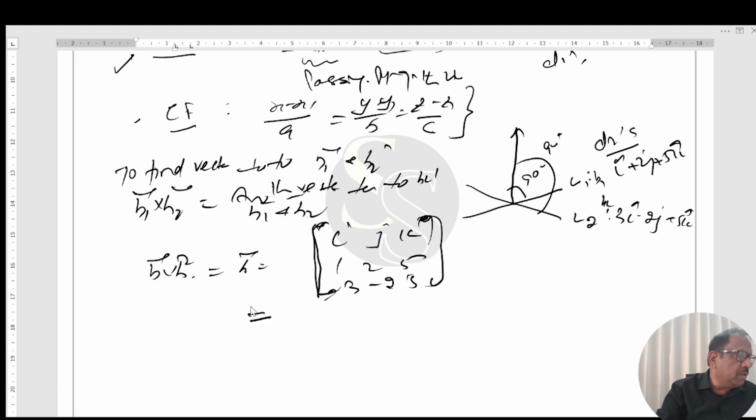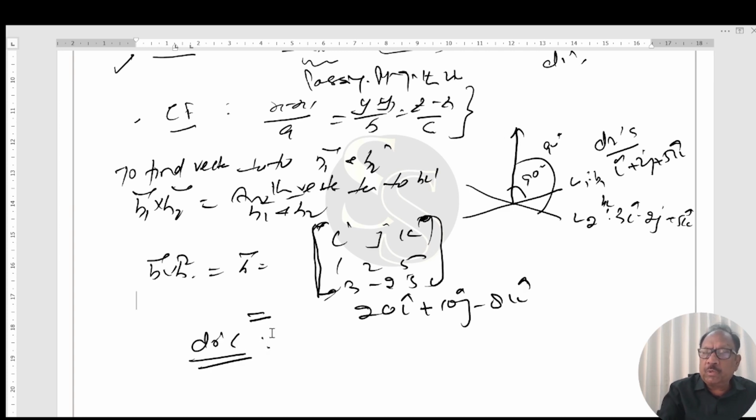On simplification, we get 20i plus 10j minus 8k. As direction ratios are generally put in the lowest possible form, the common factor is 2, so 10, 5, minus 4 are the direction ratios.